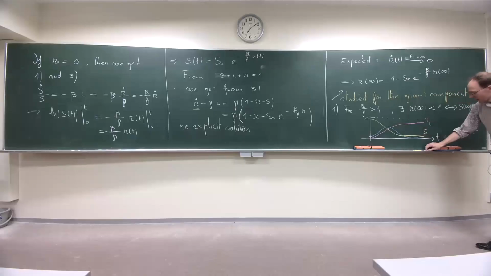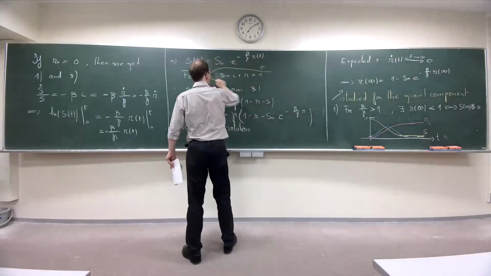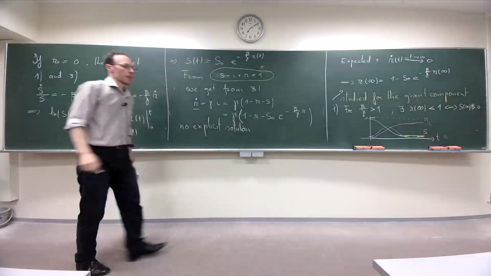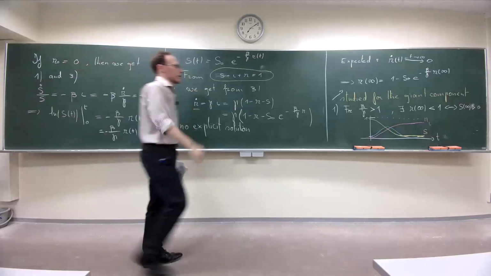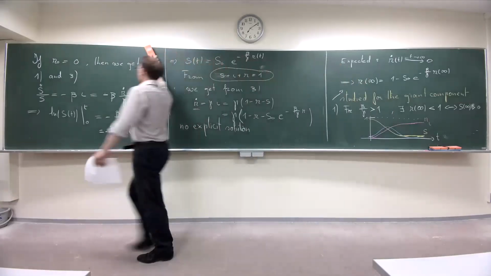The S is going to a certain fixed number, and this one is going to the complement. So be careful. If you do a picture, do it slightly better. The sum everywhere should satisfy this relation. So this is the first case when beta over gamma is bigger than 1.